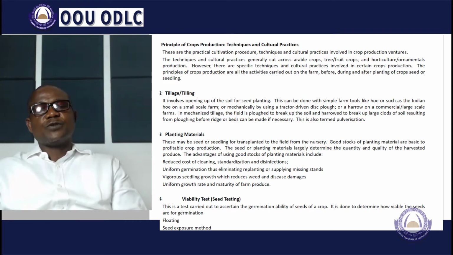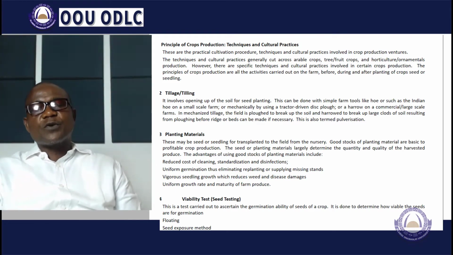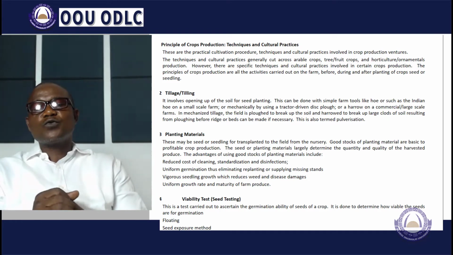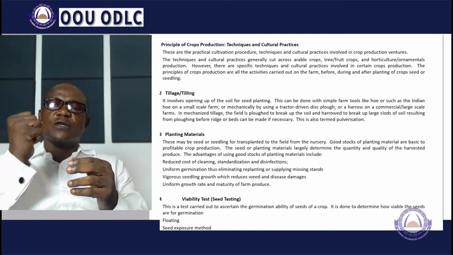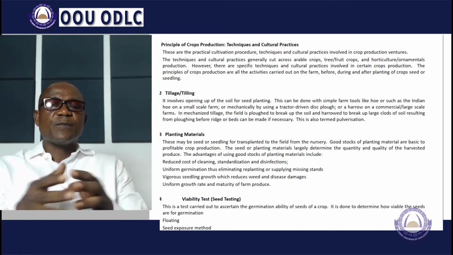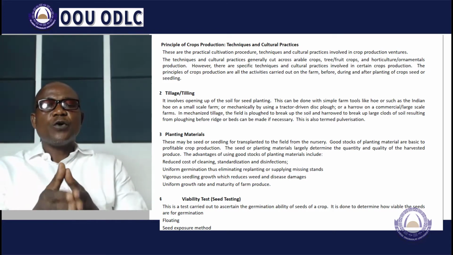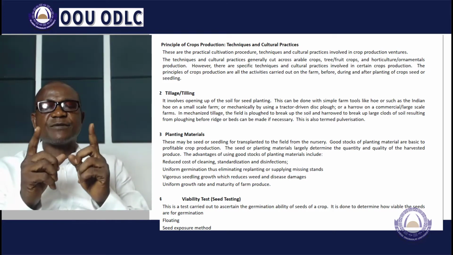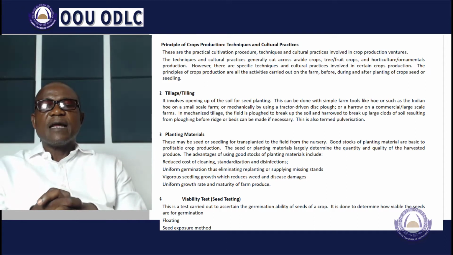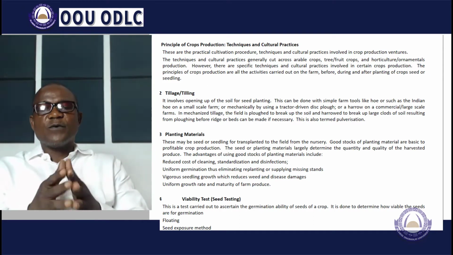In mechanized tillage, the field is plowed to break up the soil and harrowed to break up large clods of soil resulting from the plowing before ridges or beds can be made if necessary. This is also termed pulverization.